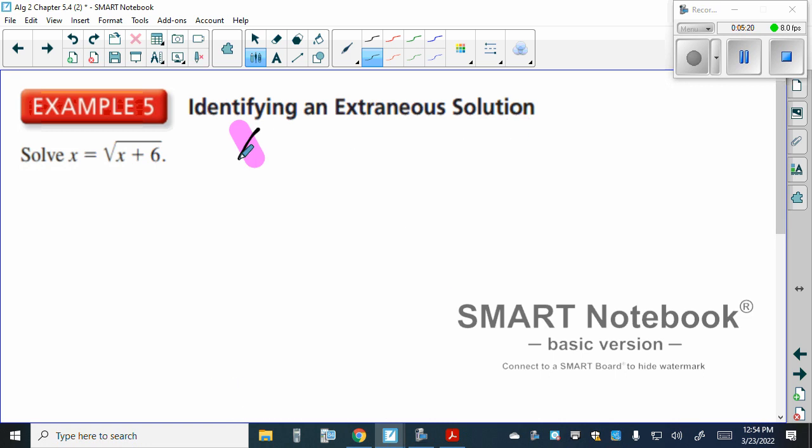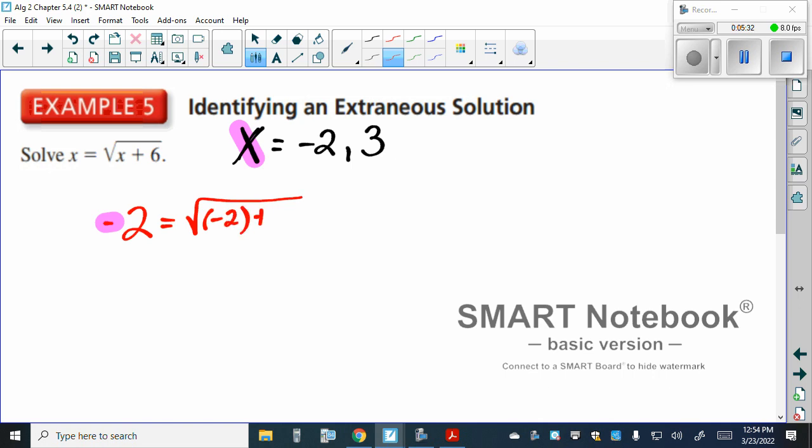So what we found out was that x is equal to -2 or 3. If we check -2 first, so -2 is equal to the square root of -2 plus 6. Now if we wanted to at this point, we could type each side into the calculator to check. Well, -2 is just going to stay -2. We don't really have to type anything in for it.